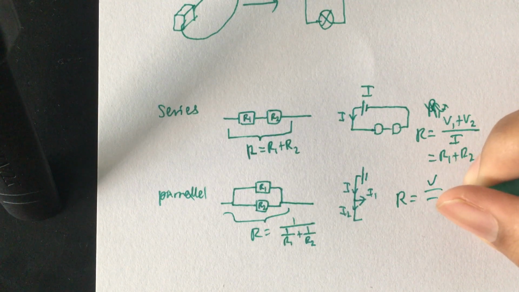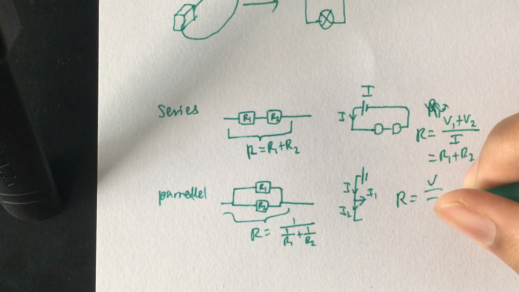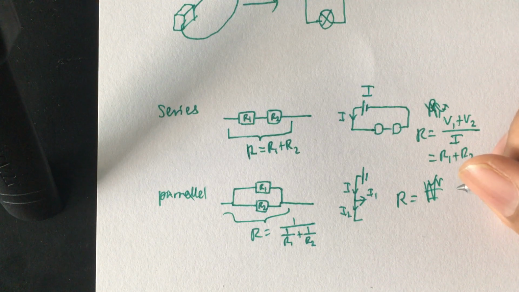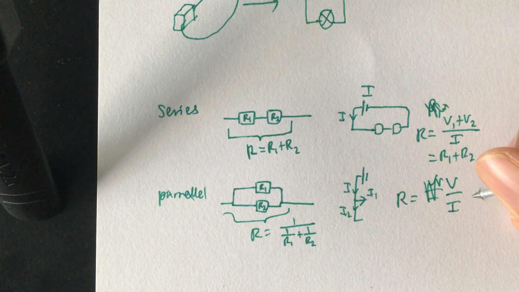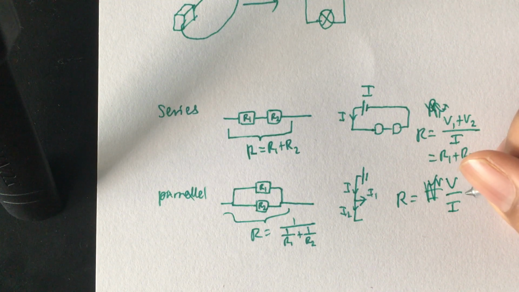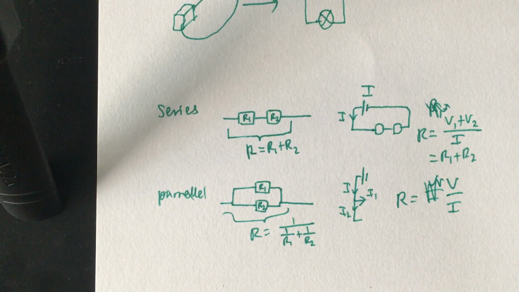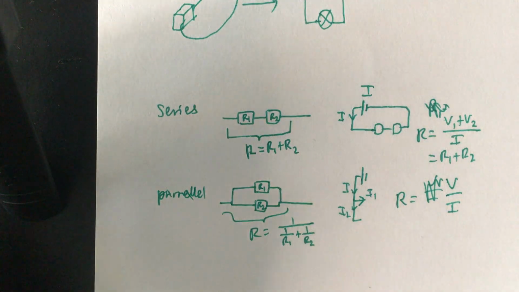Alright, so the next part after the resistance bit is solving problems involving series and parallel circuits for one source of EMF. So what this means is you use all the knowledge that you know about how the current varies, how the potential difference varies, how the resistance varies for each of the series or parallel circuits, and then you have to answer questions about, oh, what is the potential difference of this.